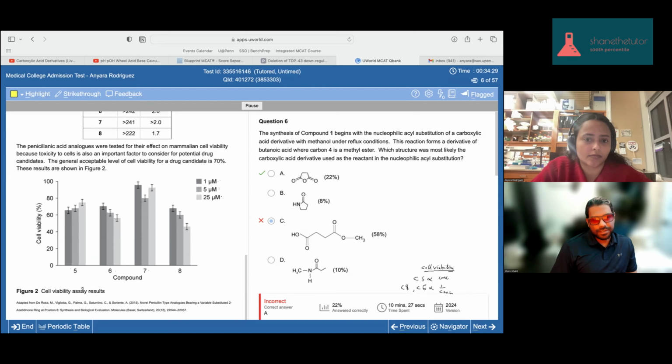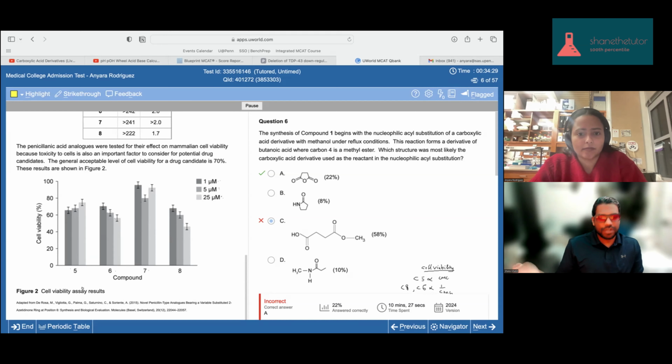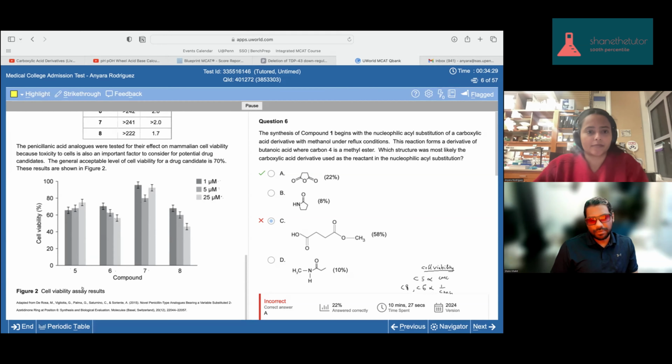But with all this data stuff, a lot of times they'll ask you about the data and it would be easy to answer, or they won't ask you about the data at all. So on your first run, especially under timed conditions, I usually say to spend 15, 20 seconds on the figures. And then attack the questions. And then if you need to, you can come back. So I think that's all we needed to understand this passage so far.